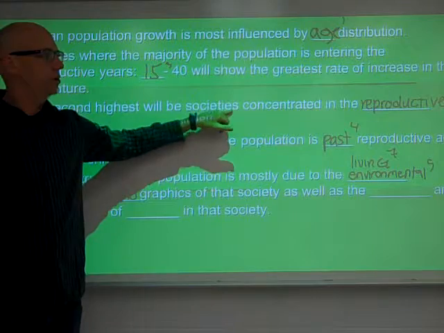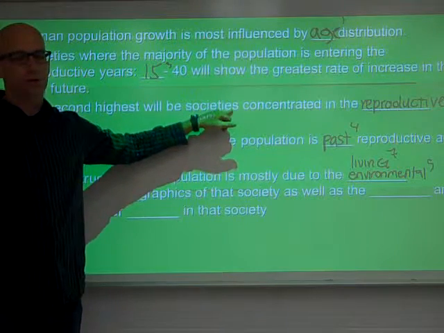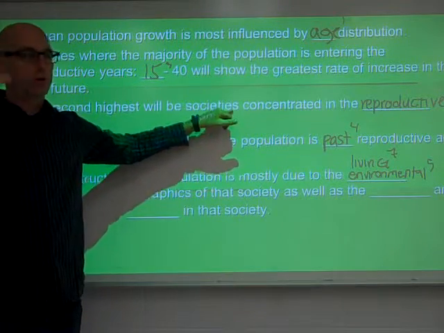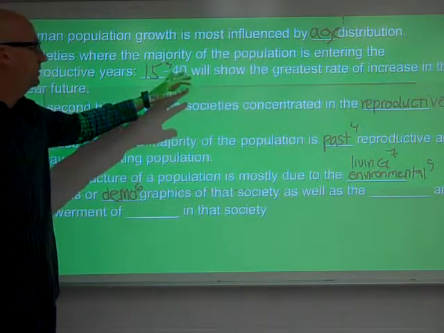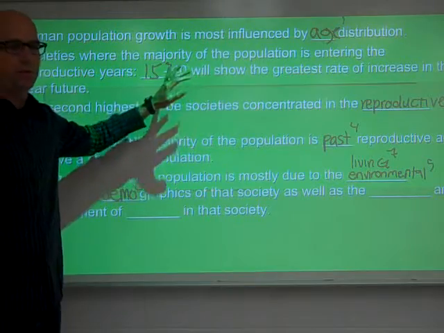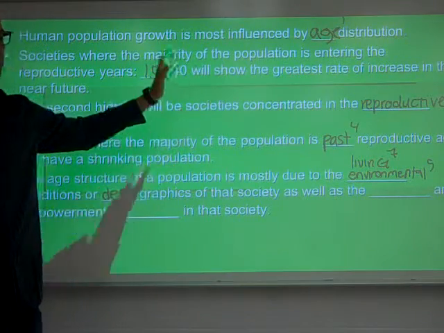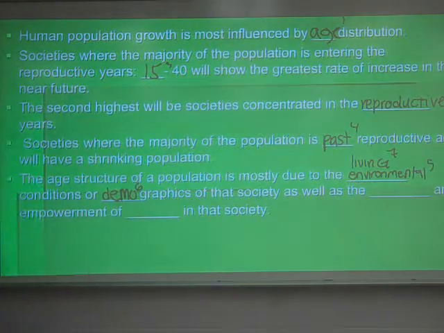Since they're moving up in the reproductive age of 15 to 40, as you can see in our society too, once you get past 30, the number of children that women have, even though they're still in the reproductive age, is much lower. So that's why we see the second highest population growth rate.